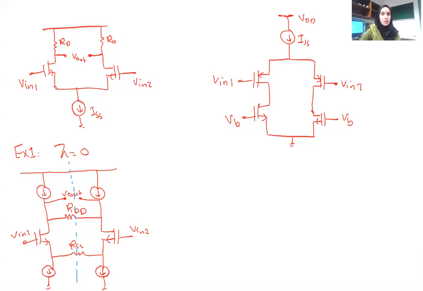Every point on this line, we mentioned earlier, acts as a virtual ground. So it's not a real ground, but it's connected. So in the middle of this resistor, there is a ground. In the middle of this resistor, there is a ground.